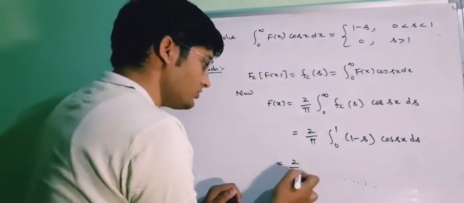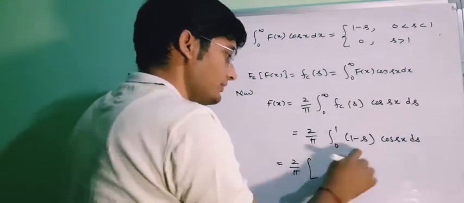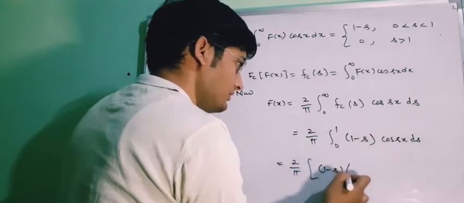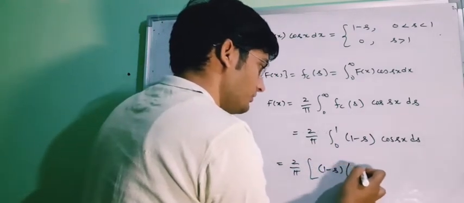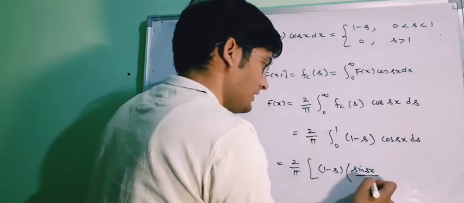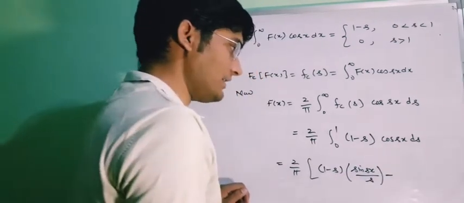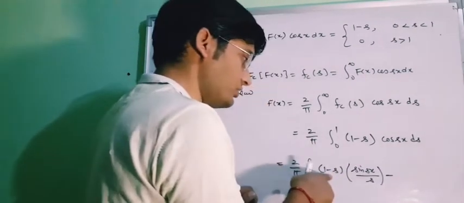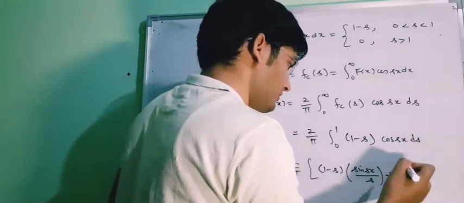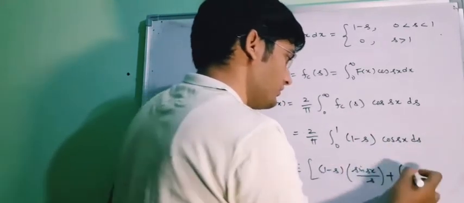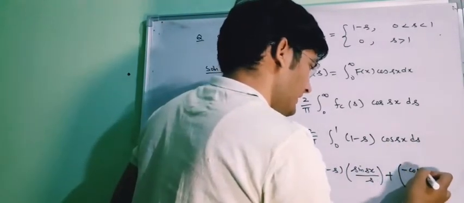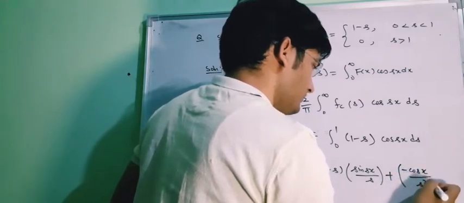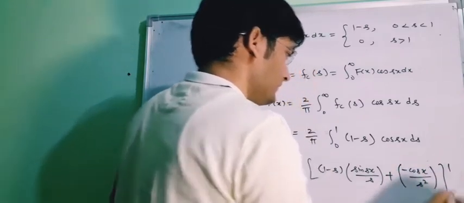Now use the Bernoulli rule of integration. So we will get 1 minus s, integration of cos sx will be sin sx upon x, then minus sign, then the derivative of 1 minus s is minus, so this will be plus, and integration of sine will be minus cos sx divided by x square, and the limits from 0 to 1.